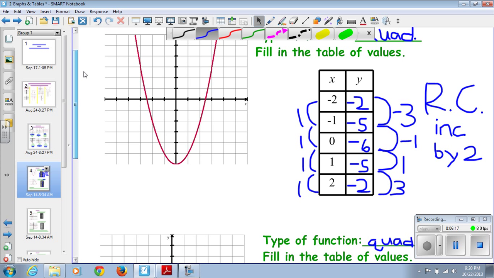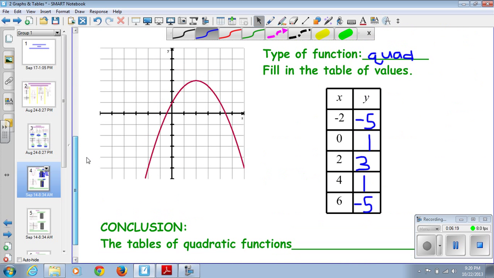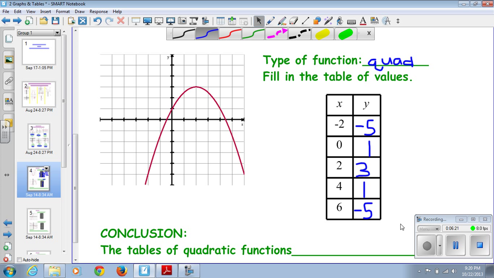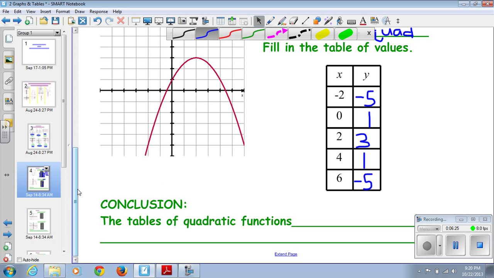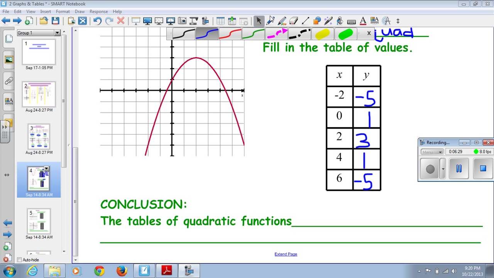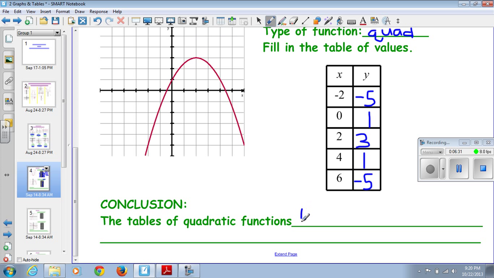Or excuse me, the rate of change in this one decreases by 2. I apologize. So what we can conclude here about the tables of quadratic functions is that the rate of change, make sure you get this down for our conclusion, the rate of change changes at a constant rate.